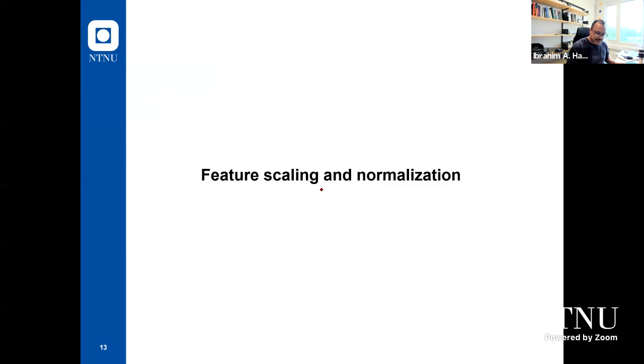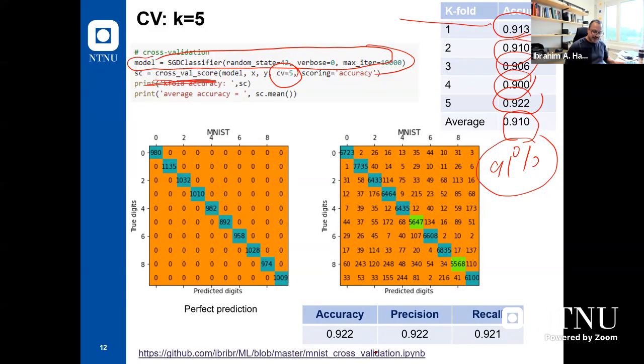In this example, it's MNIST cross validation. So you will see that after cross validation, I used the whole data set for the model, because now we don't need to keep anything for testing. We can just use the whole data set for my model again.